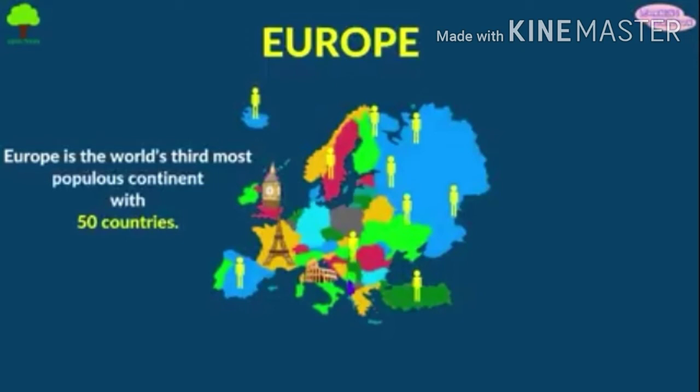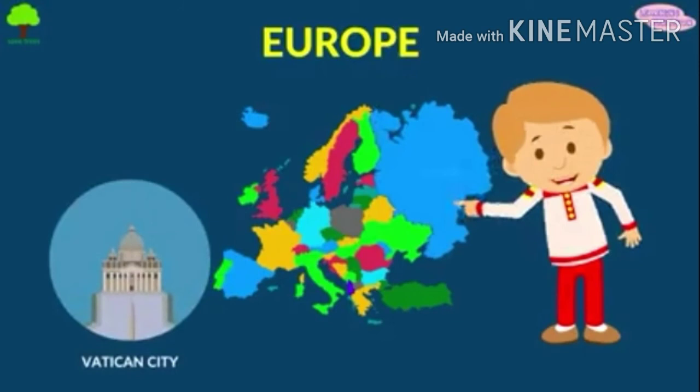The British Isles has 2 islands, Great Britain and Ireland. They are found off the northwestern coast of Europe. The countries of Norway, Sweden and Finland together form the Scandinavian peninsula in the north of Europe.